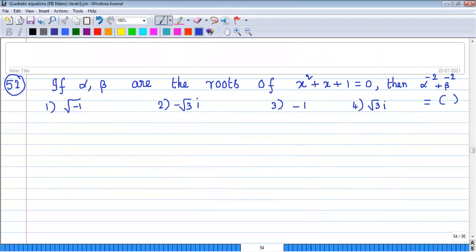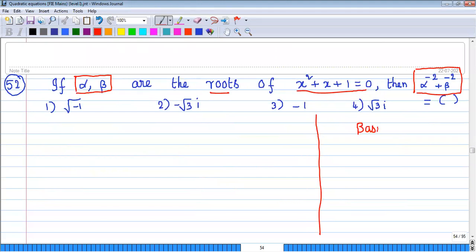So let us move to this question now. Alpha beta are the roots of x square plus x plus 1 is equal to 0. Then we need to find out alpha to the power of minus 2 and beta to the power of minus 2. So we know the basic fact, let us revise it.